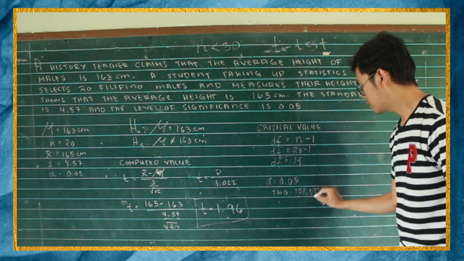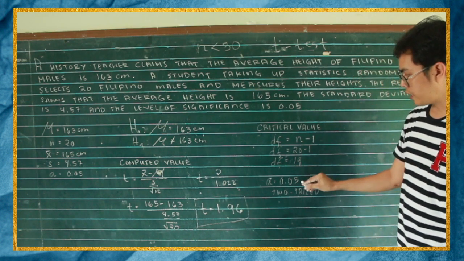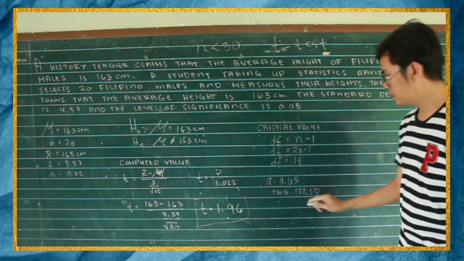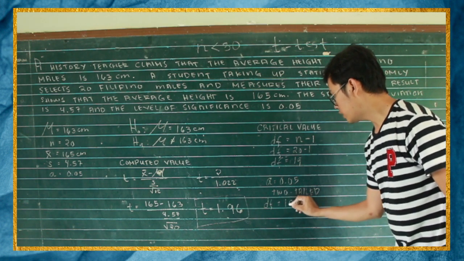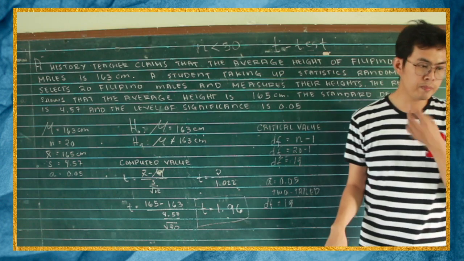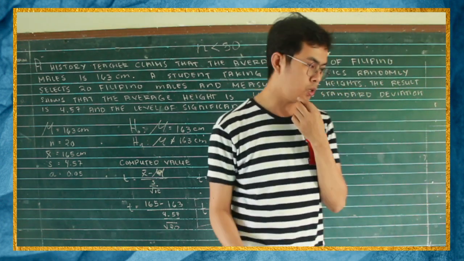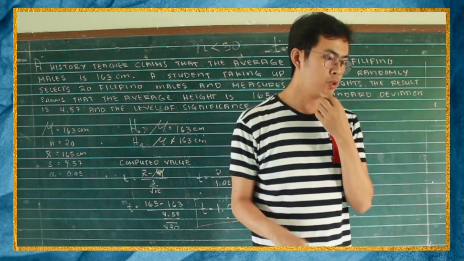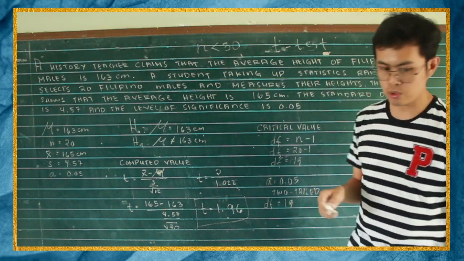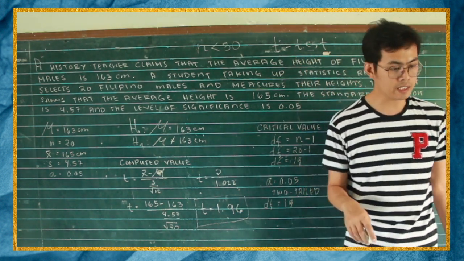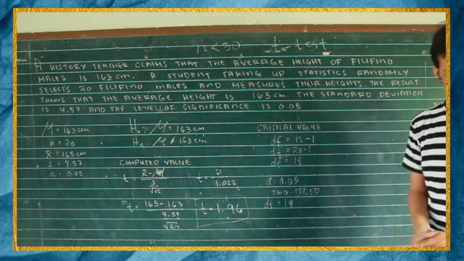Level of significance, 0.05, 2-tailed. And then, the degrees of freedom is equal to 19. Ngayon, meron akong binigay na table, photocopy ng table where you can see the critical value. Yung table na yun, that is a T-critical value. Ito yung example niya.